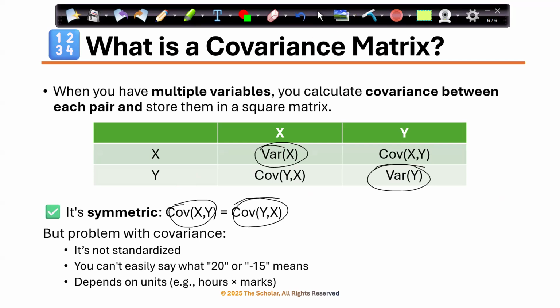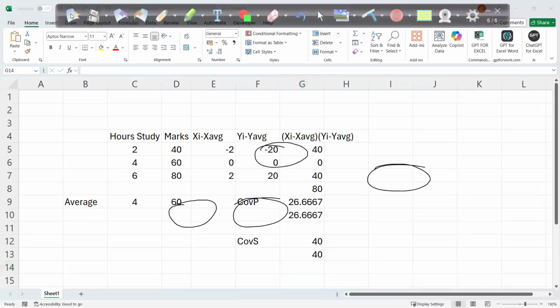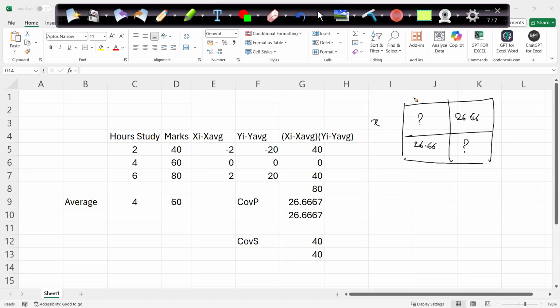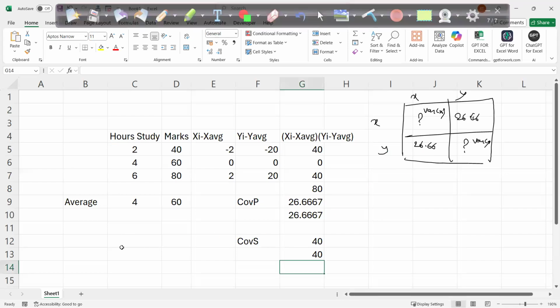So if I want to create the covariance matrix for this particular data set, we already got the two numbers. We already got these diagonal numbers, 26.66, 26.66. I need to find these two numbers, right? This is my X, X, Y, Y. This is my variance of X. This is my variance of Y. Let's calculate that. What is the formula? 1 by n into this into this. I have to multiply these.